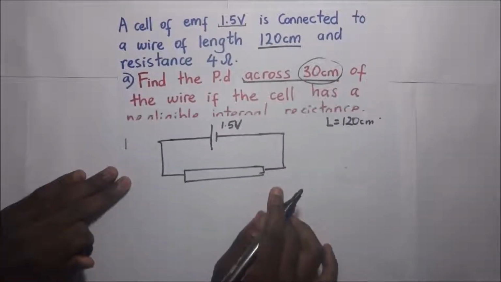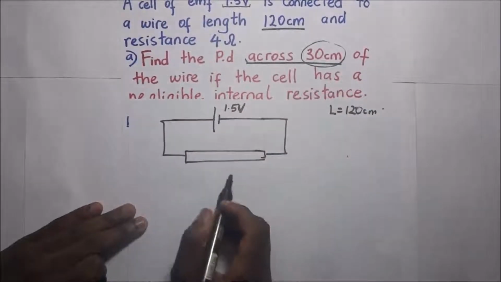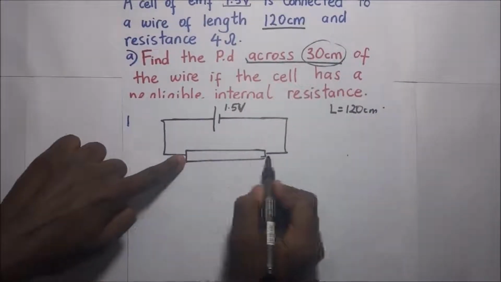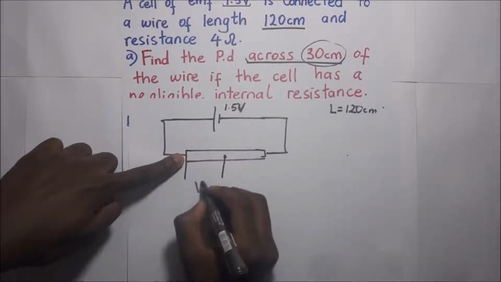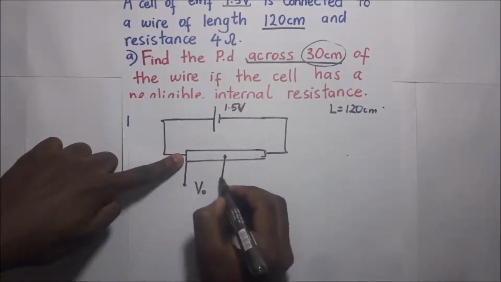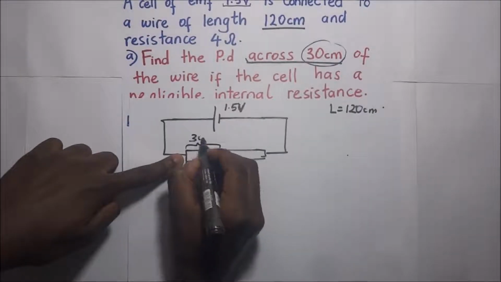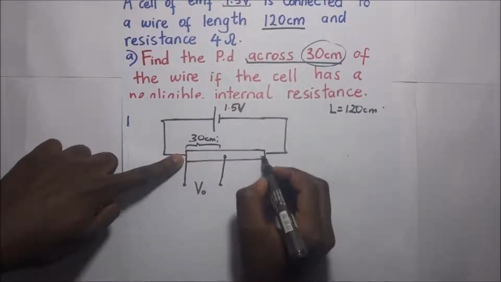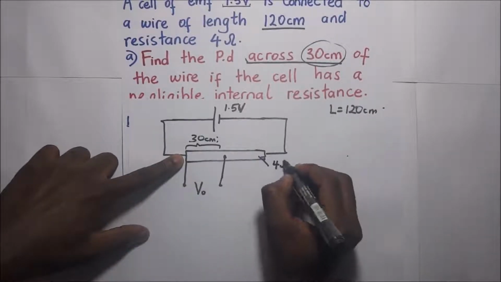And the question requires us to find the potential difference across 30 centimeters of the wire. So if the distance from here to here is 120, we are required to find just the potential difference, or the output voltage, of 30 centimeters of the wire. But we know that this whole length has 4 ohms.